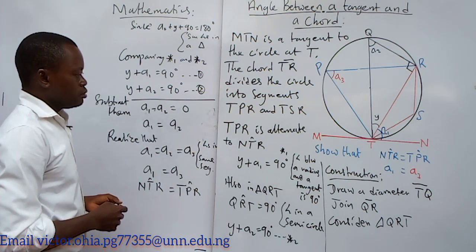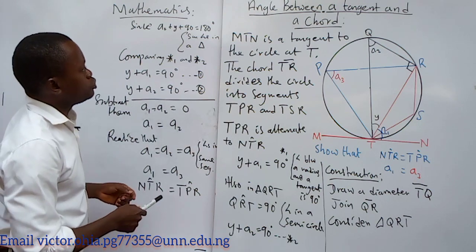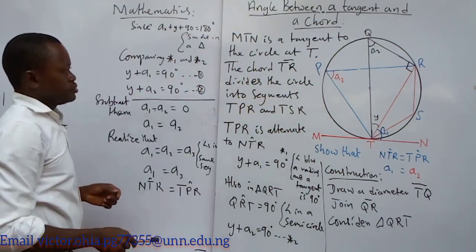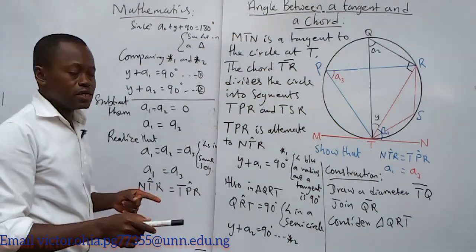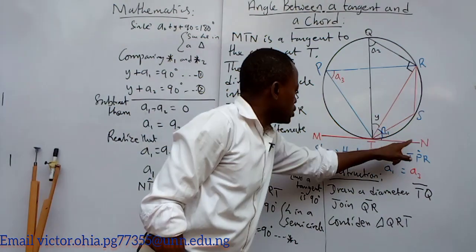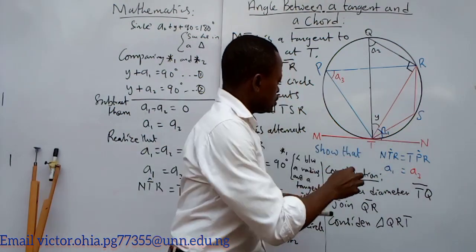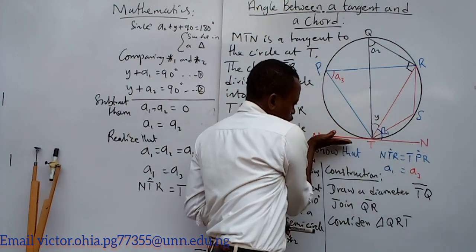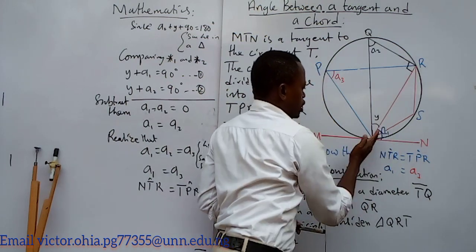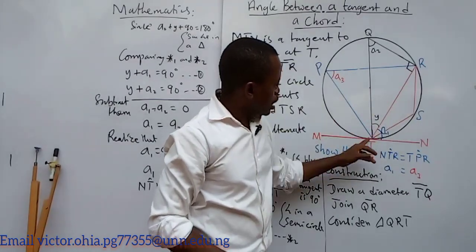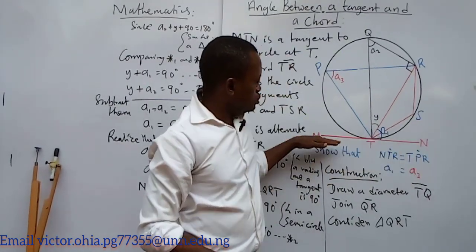Now, we have been able to show that angle between a tangent and a chord is equal to the angle in the alternate segments. Angle between a tangent, this A1, look at it, this angle here is lying between this tangent and this chord. I use color to separate. You can see the tangent RT and this chord.